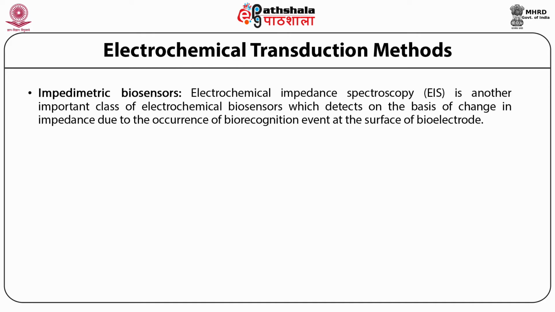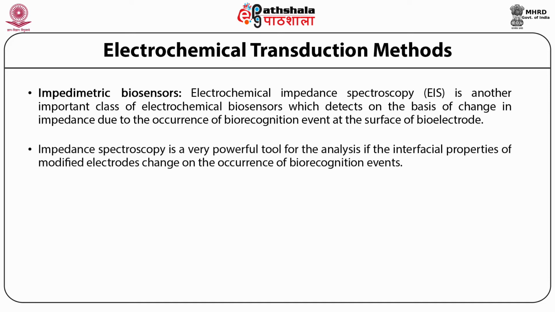Electrochemical impedance spectroscopy, or EIS, is another important class of electrochemical biosensors which detects on the basis of change in impedance due to the occurrence of a biorecognition event at the surface of the bioelectrode. Impedance spectroscopy is a very powerful tool for the analysis of the interfacial properties of modified electrodes that change on the occurrence of biorecognition events.